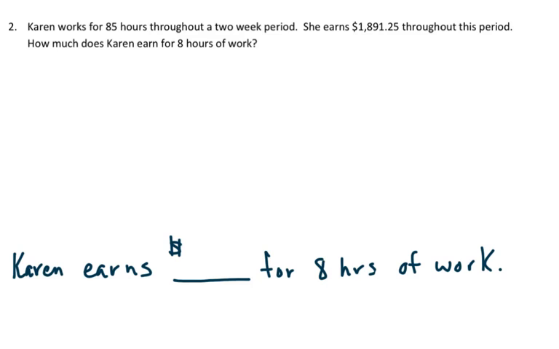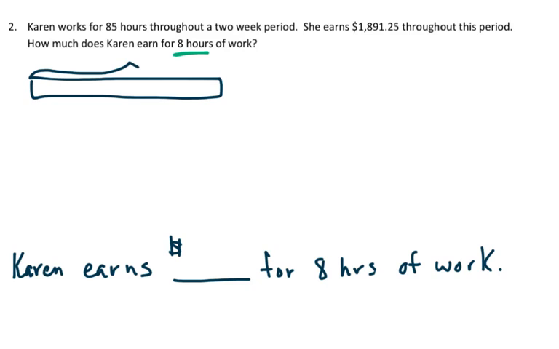So we're going to try to find out how much Karen earns in 1 hour. I know that my question is asking for 8 hours, but I'm going to see how much she makes in 1 hour. So if I'm going to draw my picture, here's my tape diagram, and this whole thing is equal to $1,891.25.